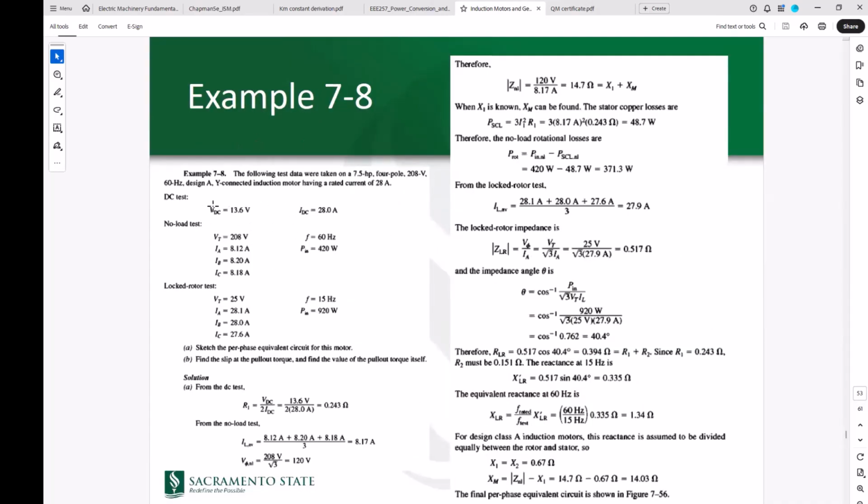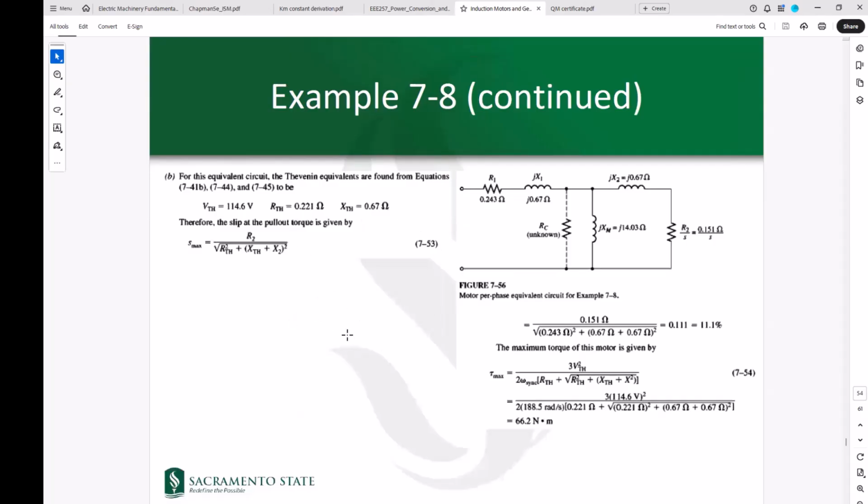In this example, you have the DC, no-load and locked rotor tests, and you can see through this procedure that the different values have been found for the motor, and the motor is based on design A. So once you find X1 plus X2, half of it would go for X1, the other half would go for X2. I want you to take a look at this example. This is also one of your homework problems that you would need to do in MATLAB.